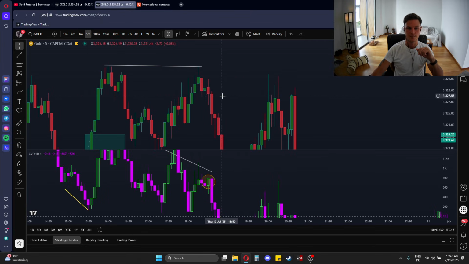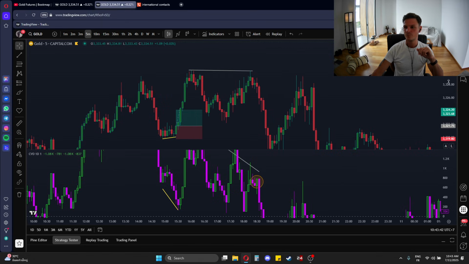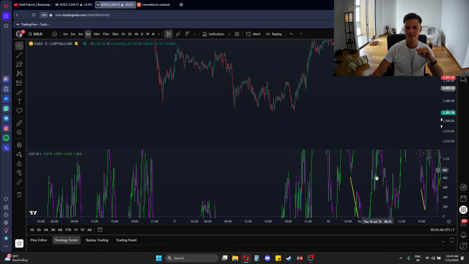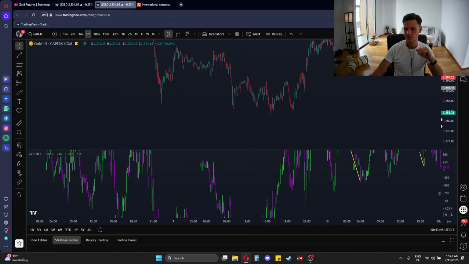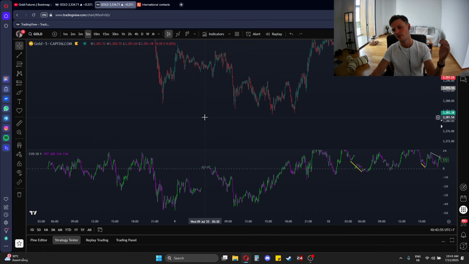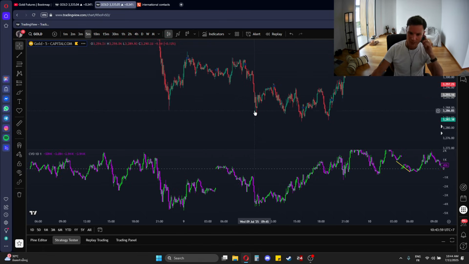I just got stopped out. So that's exhaustion. I'm going to show you some more examples of exhaustion, but it fails a lot, actually. Like the RSI divergences fail all the time. Eventually it works because you're going to have many divergences in a row, and eventually it's going to reverse, but I just don't like it.